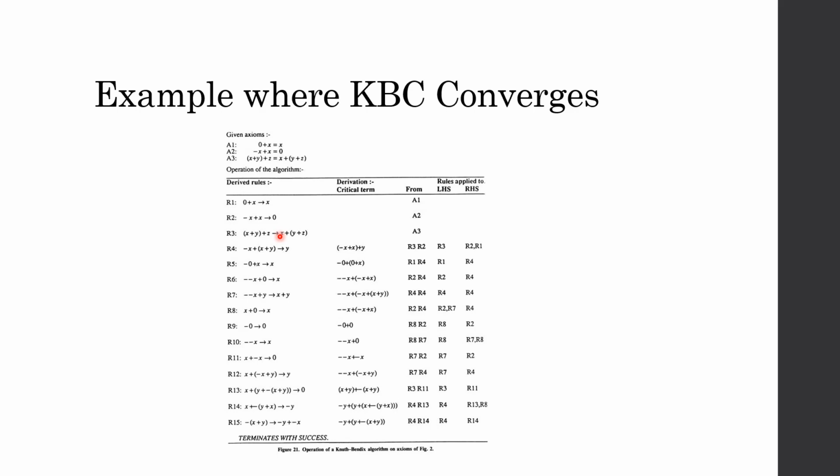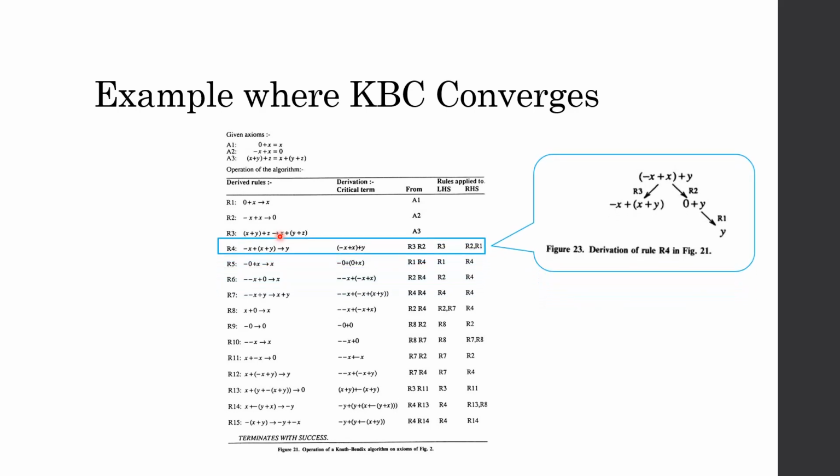So whatever pair it is. For the first one, for example, we get from R2 and R3. I'm just going to explain one of them. So R2 and R3, we can superpose them: superpose the left hand side of R2 with the left hand side of R3, which is just what we did for our example for negative A equals A in one of the earlier slides.